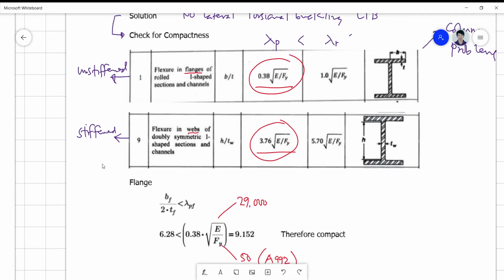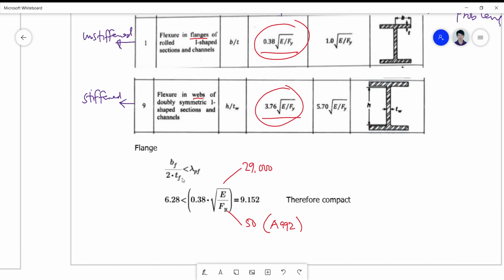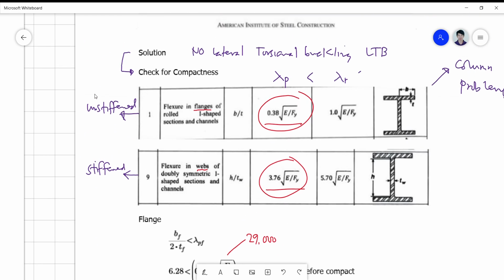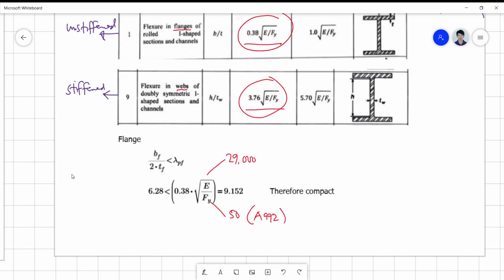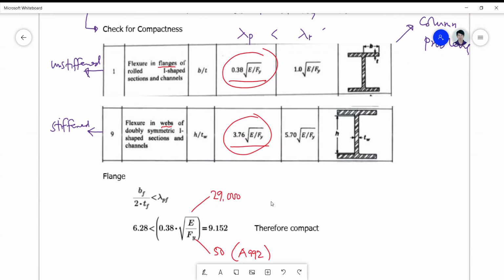Okay, so let's use it. For the flange, we have here the value bf over 2tf, which is 6.28 from the table. I just got it from the table there. And h over tw is also from the table. We compare it with the lambda p. So this is your lambda p for the flange, which is 0.38 square root of E over Fy.